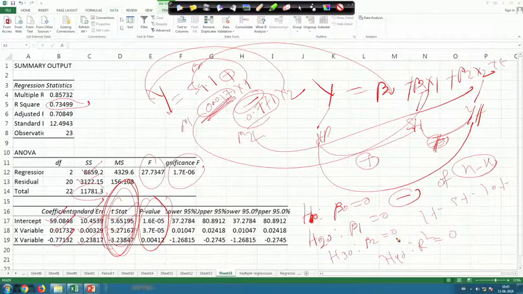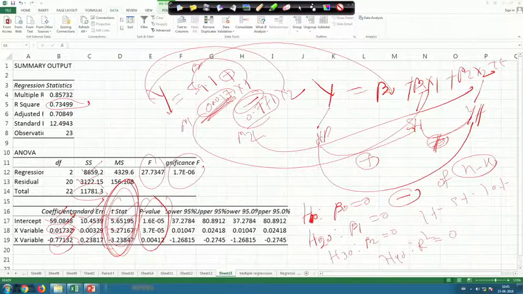Then you can also check the individual impact of x1 and x2, because R square will give you the combined impact, and the individual impact you can check through the intercept estimate or variable estimations, that is actually through beta 1 and beta 2.